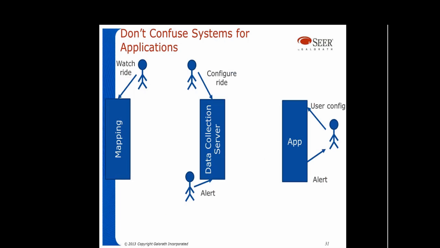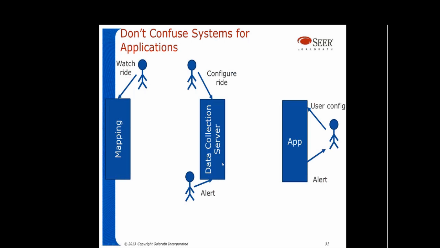I'm showing this screen first because I want to make this point clearer. If you count the app, you've got a few function points, but you don't count the data collection server with that, so you have to size that separately. And there's a ton of interaction occurring outside of this application boundary, the app boundary, outside the data collection server boundary, outside the mapping boundary.